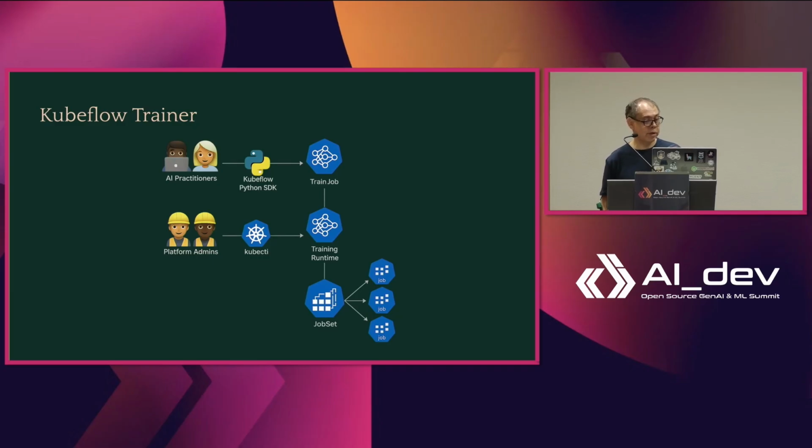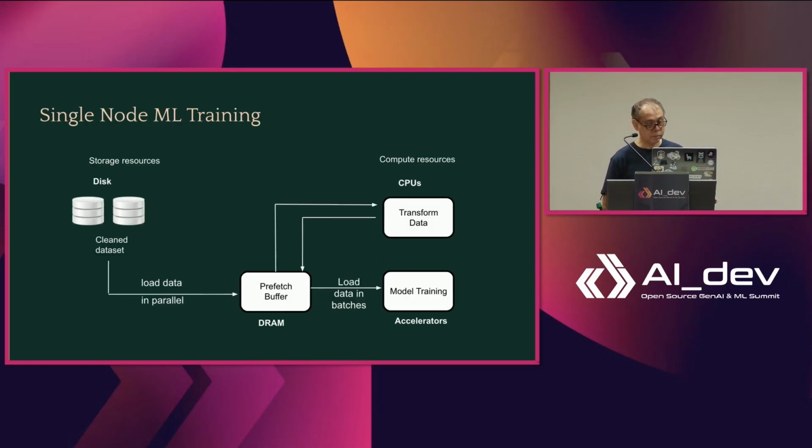Cluster operators can use something like kubectl to create the training runtime, but they can also use kubectl to create a train job. On top of that, there are some Kubernetes resources that allow you to optimize for training. Those are JobSet, and the JobSet manages multiple jobs in different Kubernetes nodes.